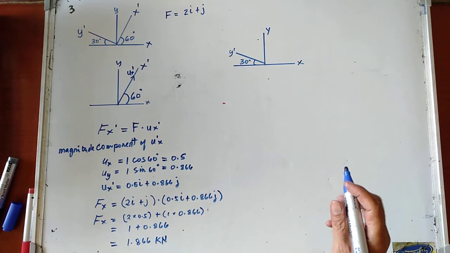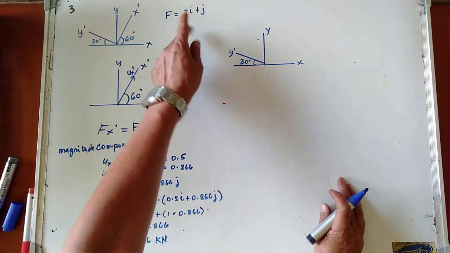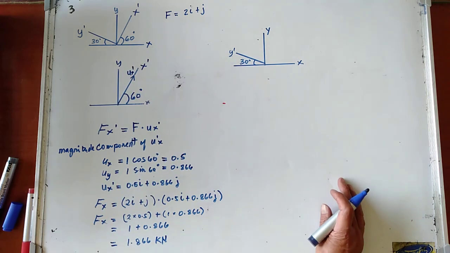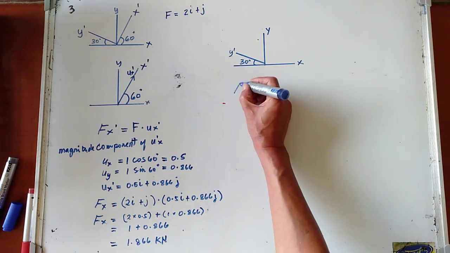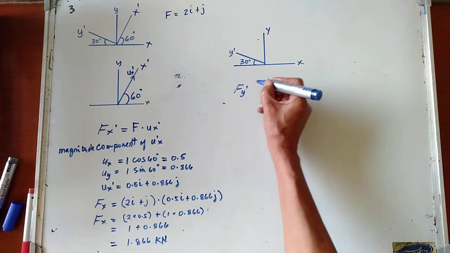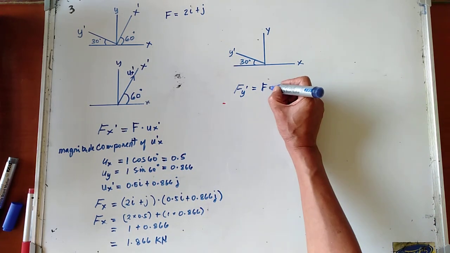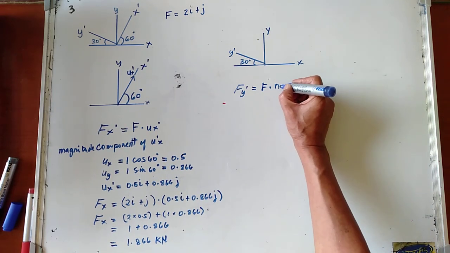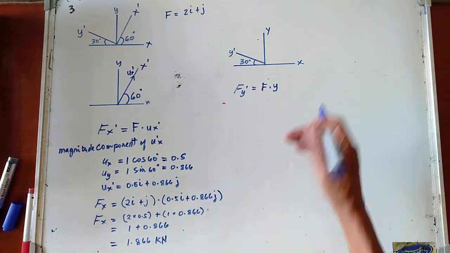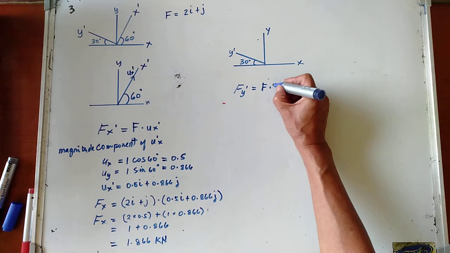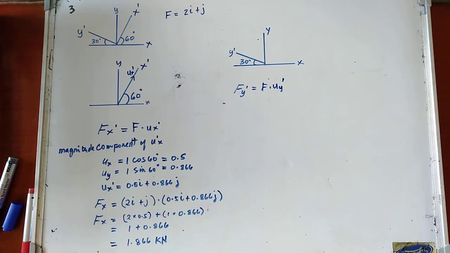Now, what is the component of the vector F in the direction of y prime? The component of the vector F in the direction of y prime is still equal to the vector F dot a unit vector in the direction of y prime.